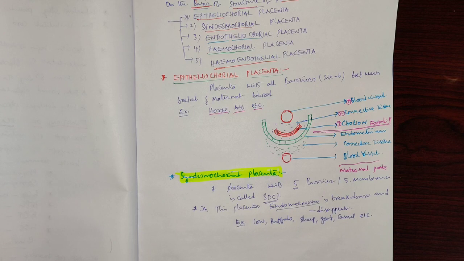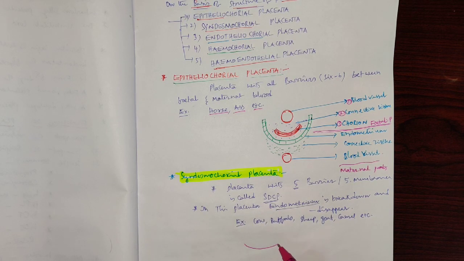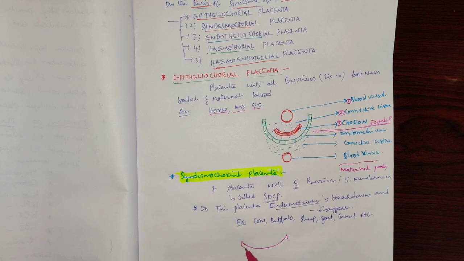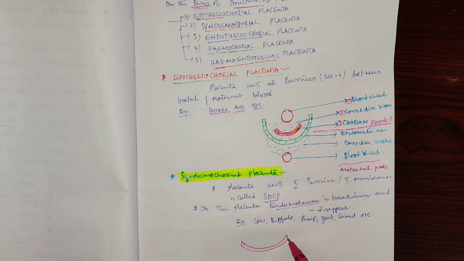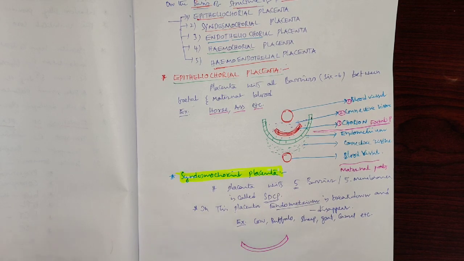So let's now look at the diagram. Here the 5 barriers are mainly this chorion, followed by connective tissue, and blood vessel.